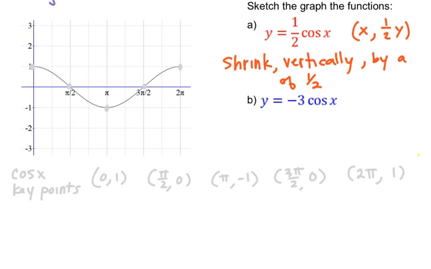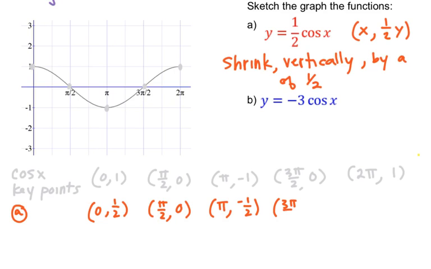So my new key points for A, that would give me (0, 1 times 1/2 is 1/2). (Pi over 2, 0 times 1/2 is still 0). (Pi, negative 1 times 1/2 is negative 1/2). (3 pi over 2, 0 times 1/2 is 0). And (2 pi, 1 times 1/2 is 1/2).